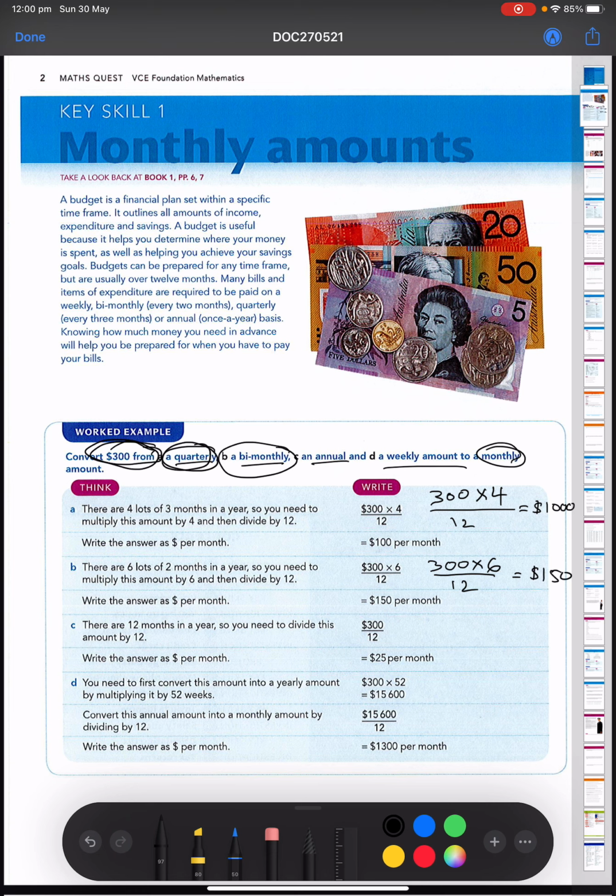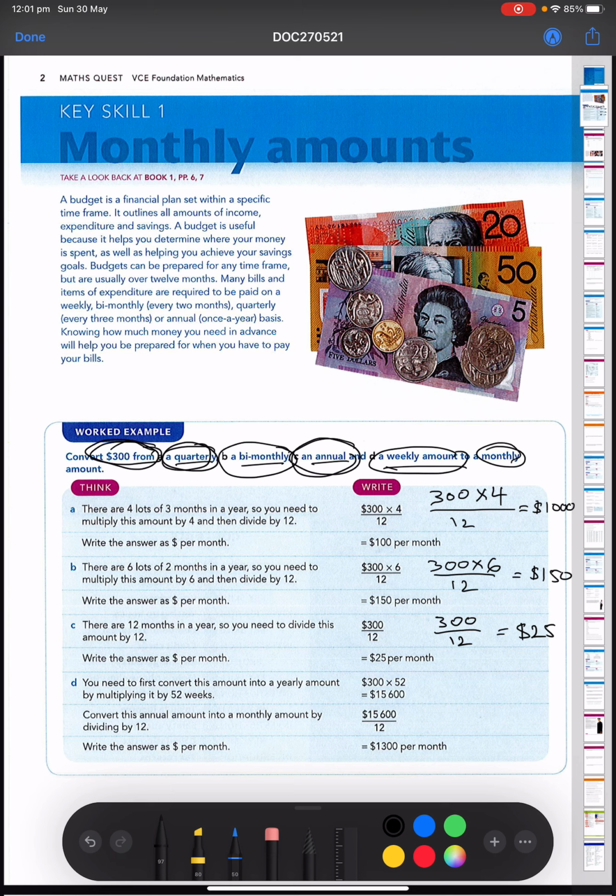If we were to pay things annually, that means once a year. So we're looking at, again, monthly. What we're going to do is take that $300, there's 12 months in a year, so we're going to divide it by 12. That equals $25 per month. And of course, a weekly amount. In terms of a year, there are 52 weeks.